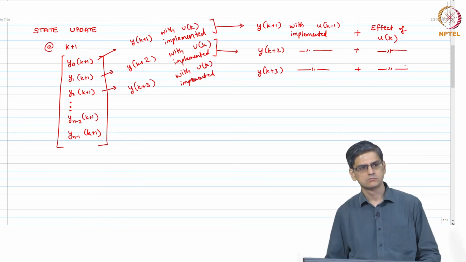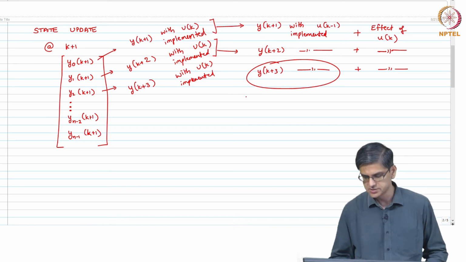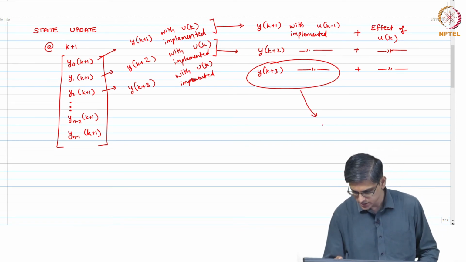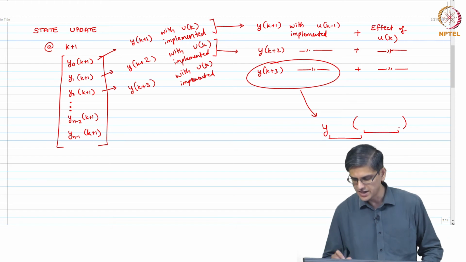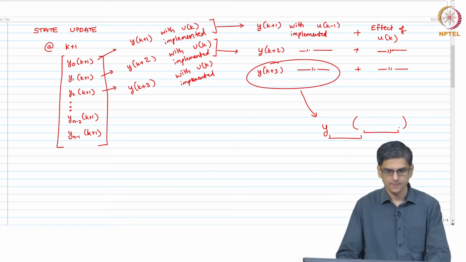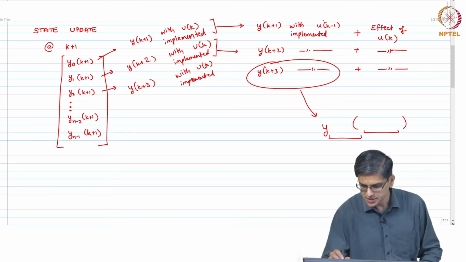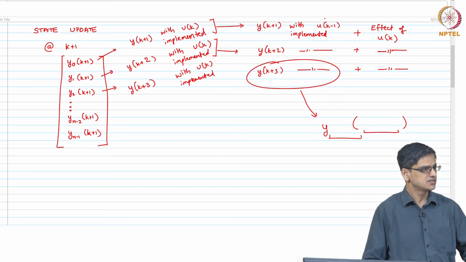Let us see what this means. This means y something and in brackets something else. What is there in the brackets? If uk minus 1 is implemented, it is k.